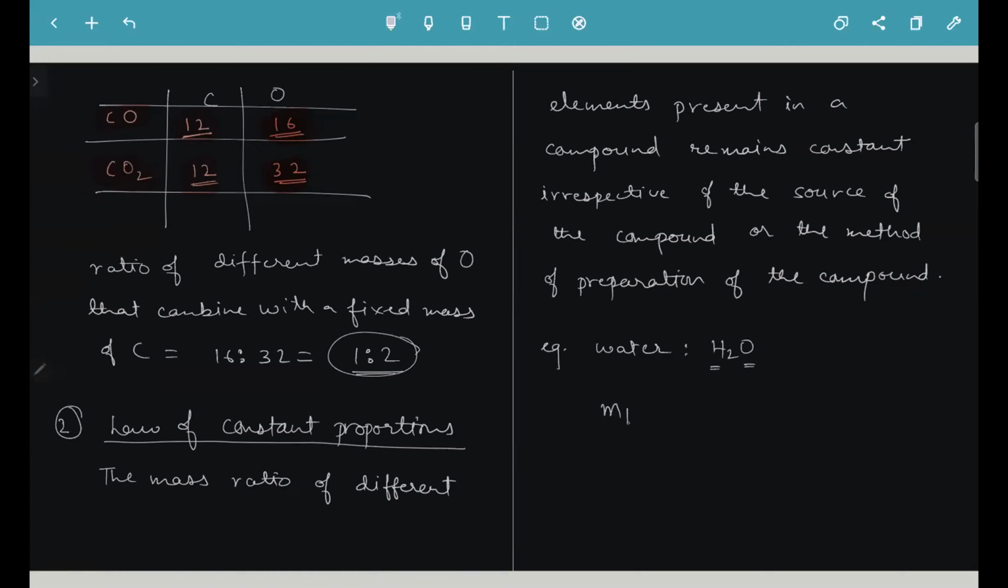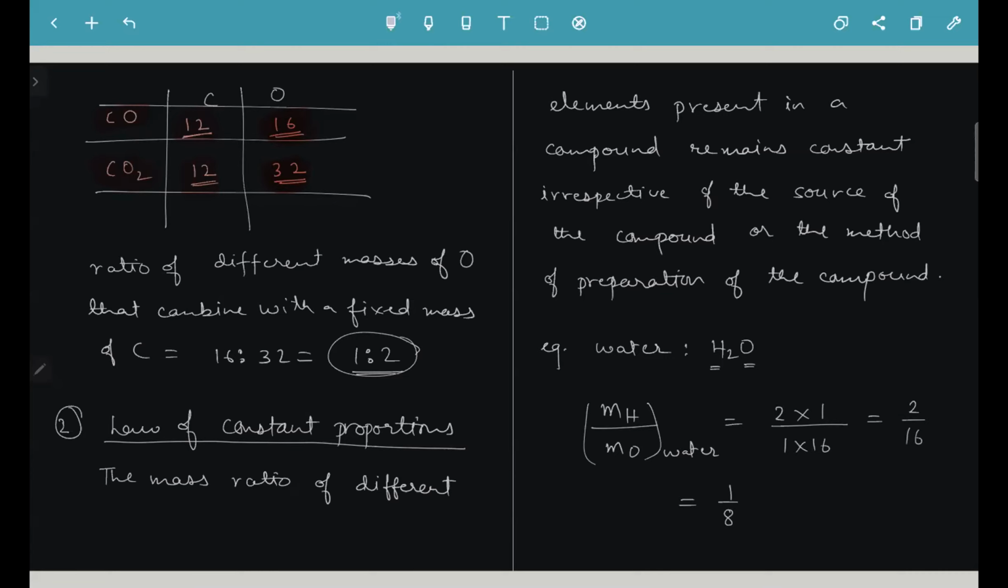We find out the ratio of the mass of hydrogen to the mass of oxygen in water, which is equal to two atoms of hydrogen, 2 into 1, over 1 atom of oxygen, 1 into 16, equal to 2 by 16, which is equal to 1 by 8. This is the ratio of masses of hydrogen and oxygen in water.